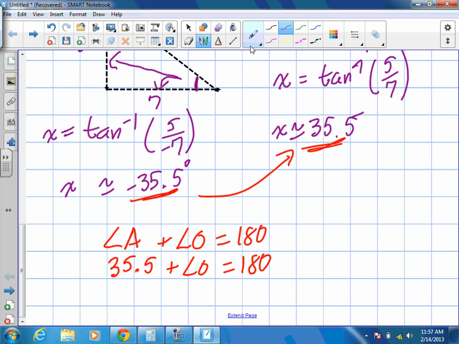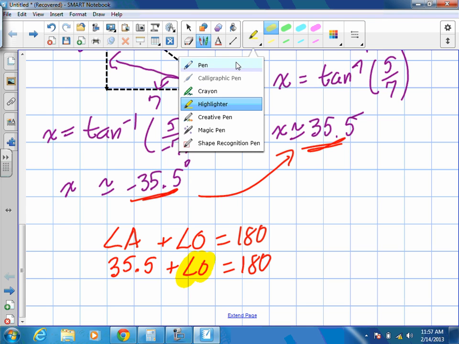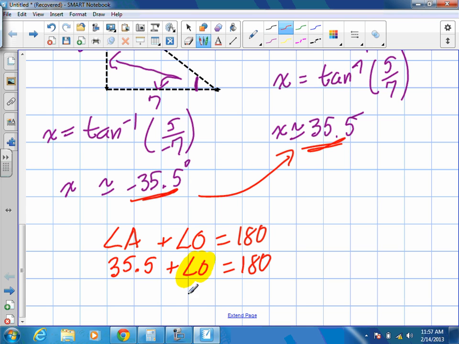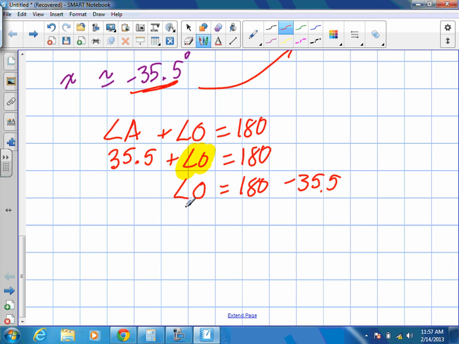So when I bring 35.5 to the other side, what is it going to become? It's going to become negative. So we get 180 minus 35.5. And that means our obtuse angle, which is what we were originally looking for, is going to be what? 144.5? So that original obtuse angle, remember obtuse means larger than 90, was 144.5. Let's pause this.